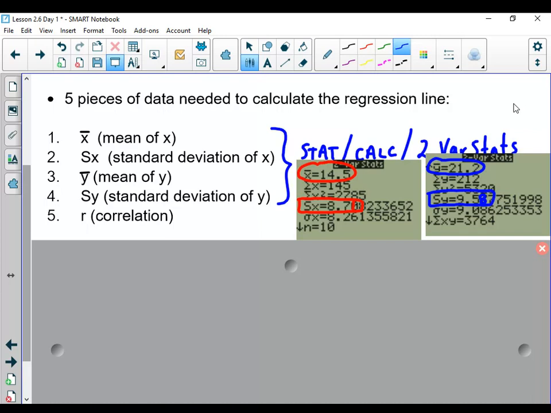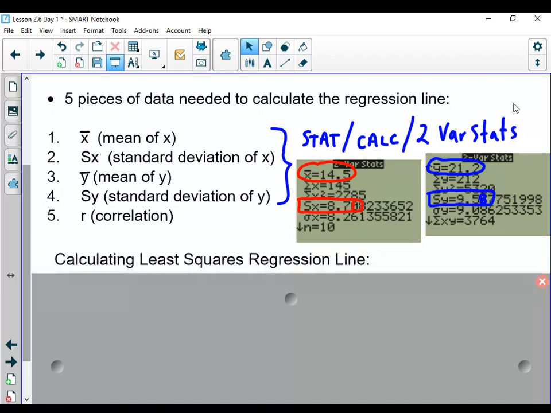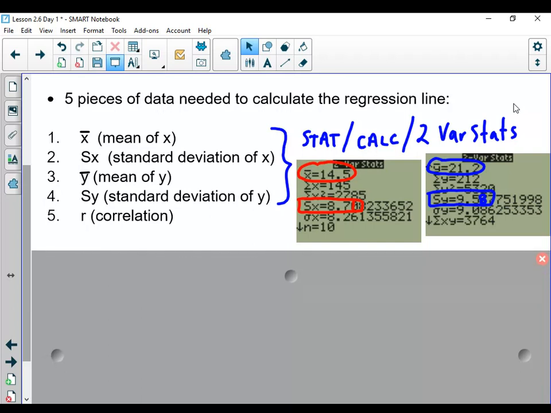So I'm going to use those 4 values here in a second. But the good thing is, again, I can find all 4 of those in one step or one process by using that part on the calculator. Then the R value, we've been doing that for a while now also.